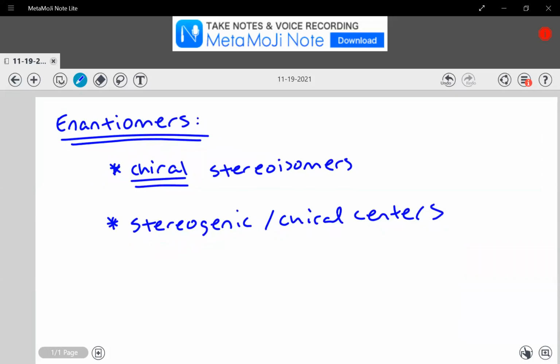And something very important is that enantiomers always have two forms. So if it's an enantiomer, you will have two different conformations, not configurations. Enantiomers don't have configurations. They don't have that E and Z stuff. They have conformations, so they're going to have R and S stuff, okay?